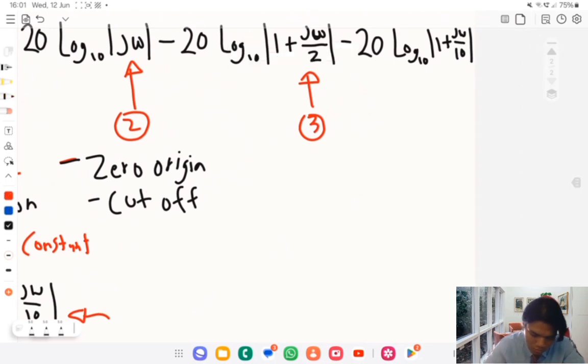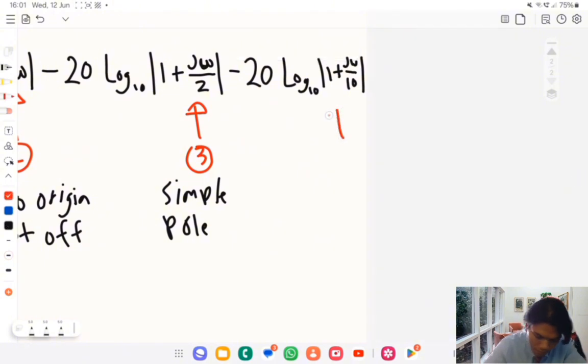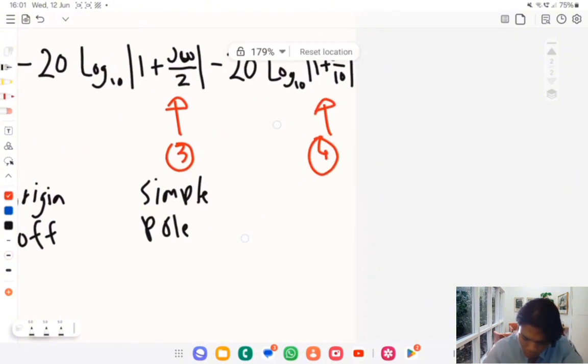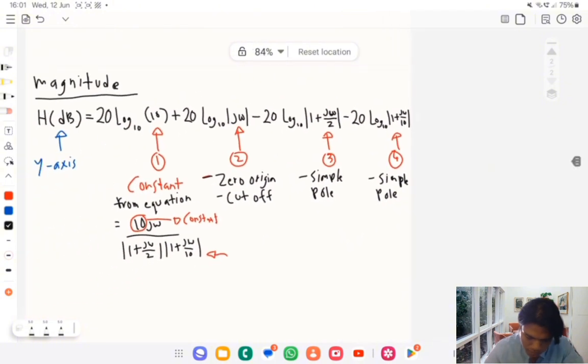So we assume this is a simple pole. This will be number 4, simple pole also. Alright, so this is the equation for the magnitude in dB.